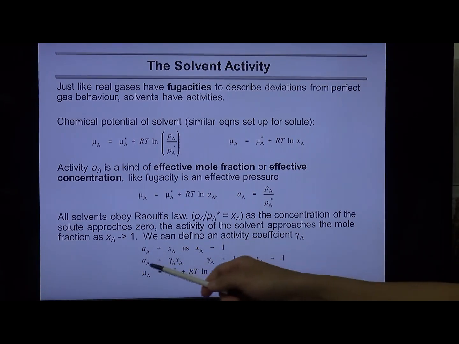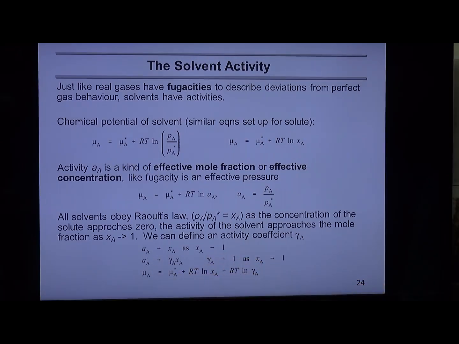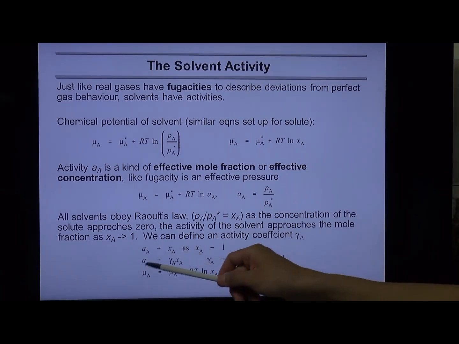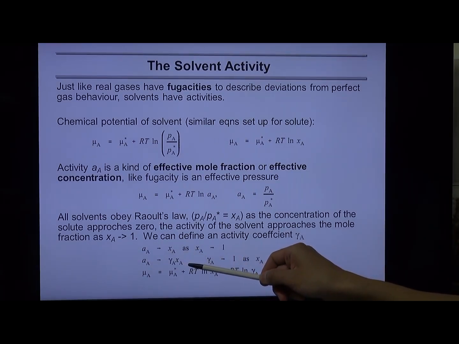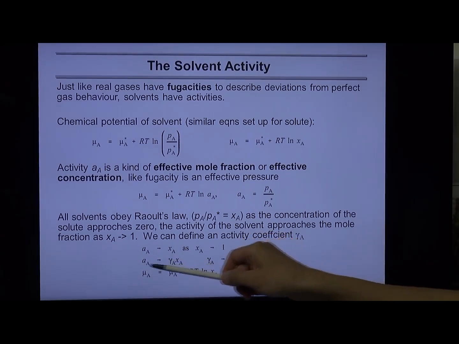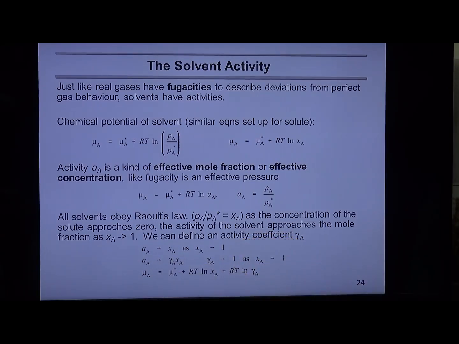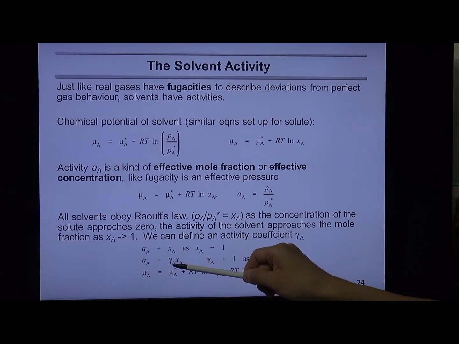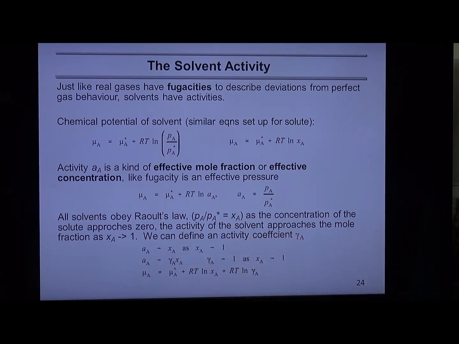And since activity is used to describe the real solution behavior, there is a difference between aA and XA. So to describe the difference, we can express it as aA is equal to gamma A XA, where gamma is the activity coefficient, another coefficient, as we have done for the fugacity coefficient.